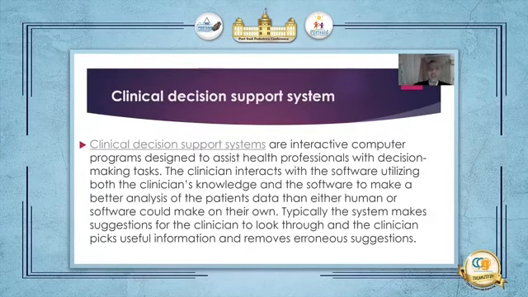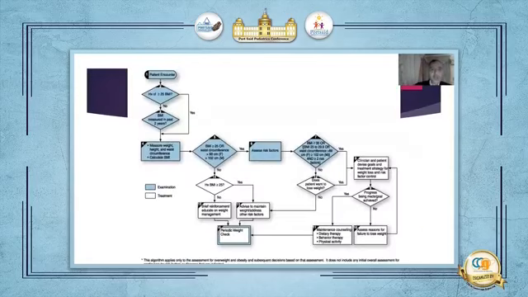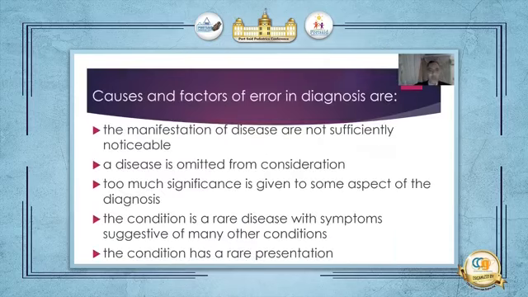Clinical decision support systems are interactive computer programs designed to assist health professionals with decision-making tasks, a sort of artificial intelligence. And this is an example of algorithmic approach of certain condition.